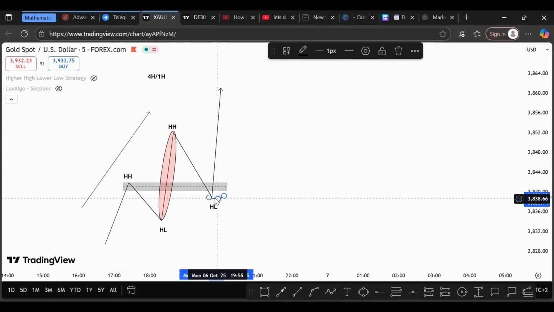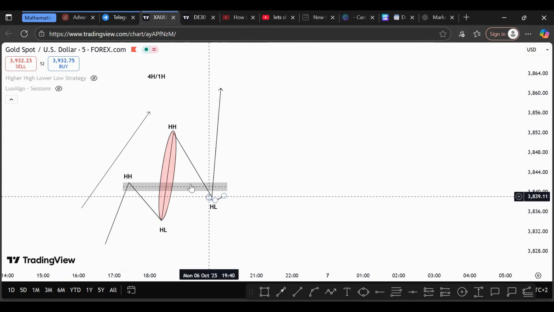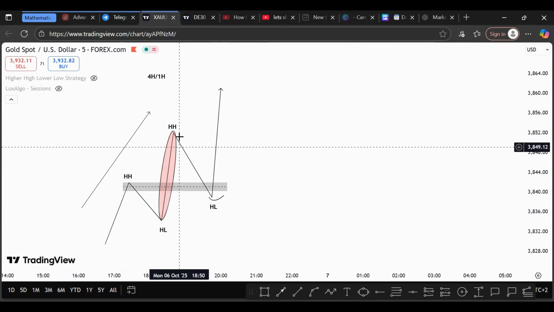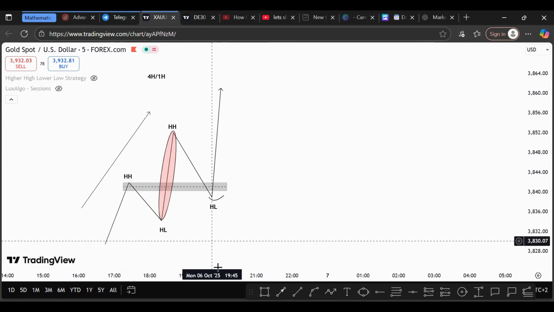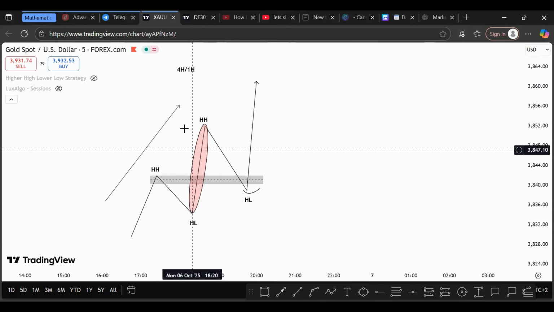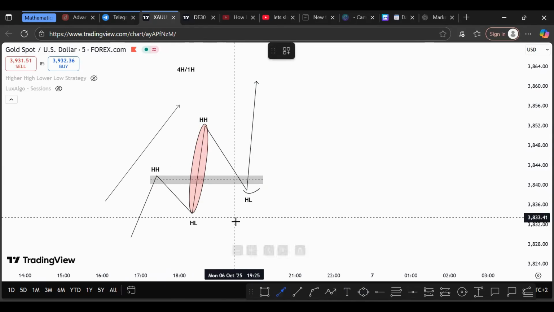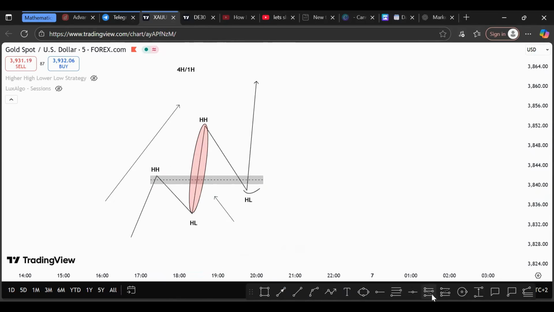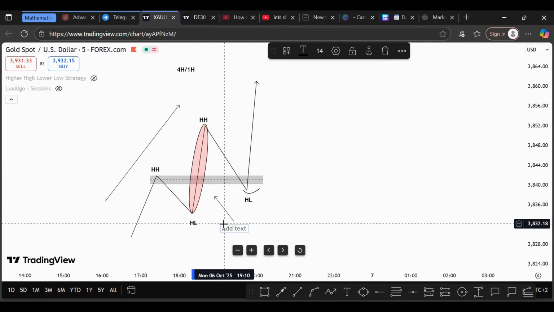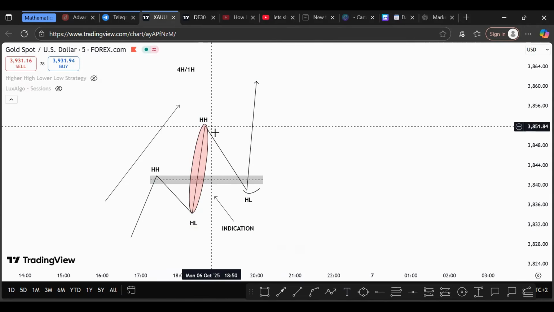So the market has to create that high. All of this movement here will be an indication to the upside, the indication that we are bullish.